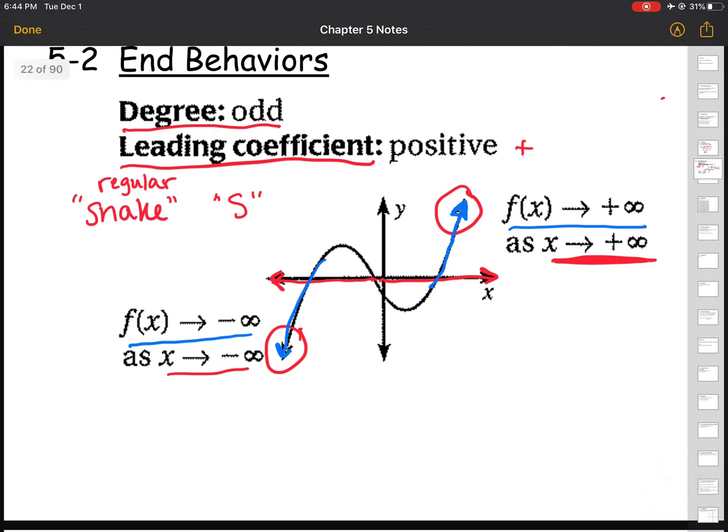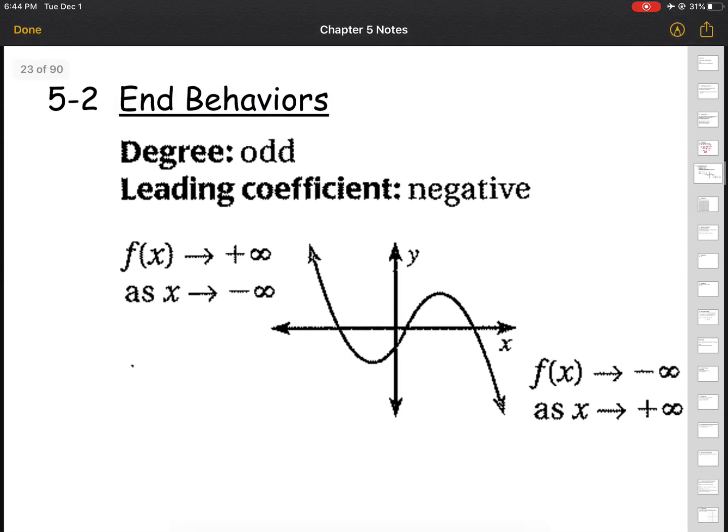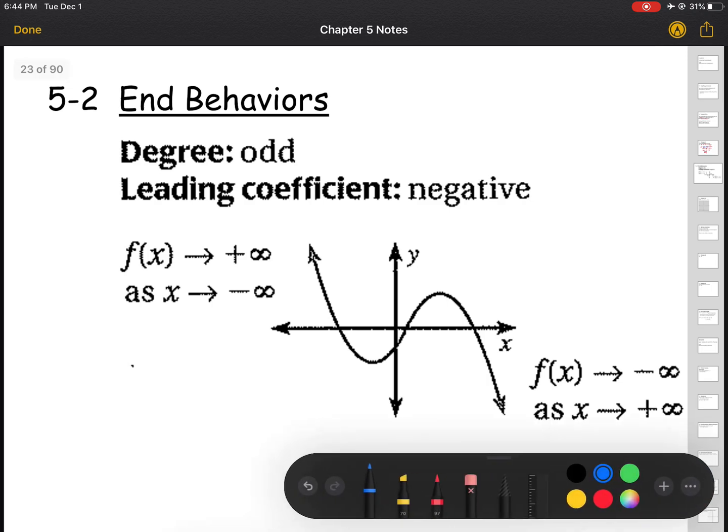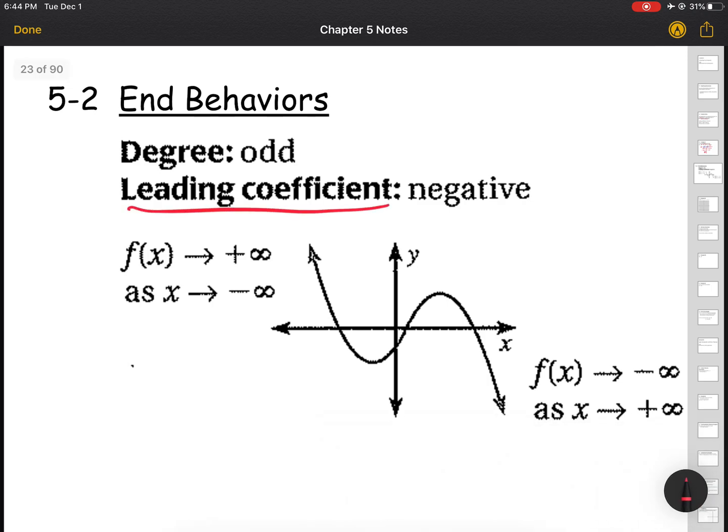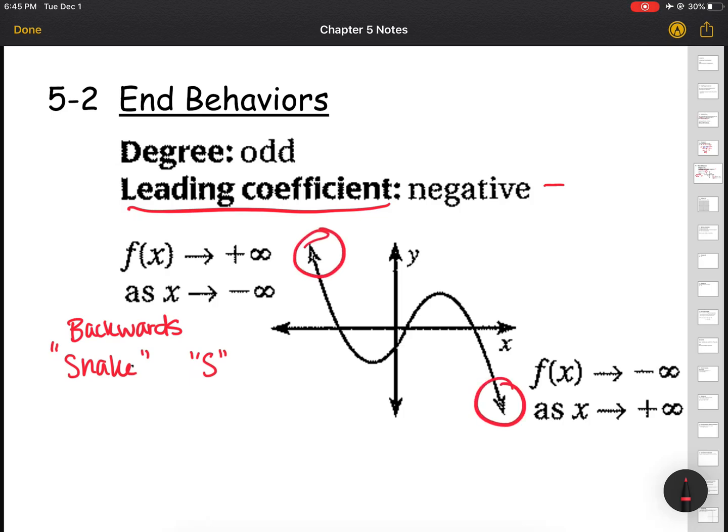But what if I have a degree that's odd, but my leading coefficient is negative? Well, it's still that snake or S shape, okay? But it's going to be a backward snake, is what I like to call it. And again, I'm looking at my ends here on my graph.